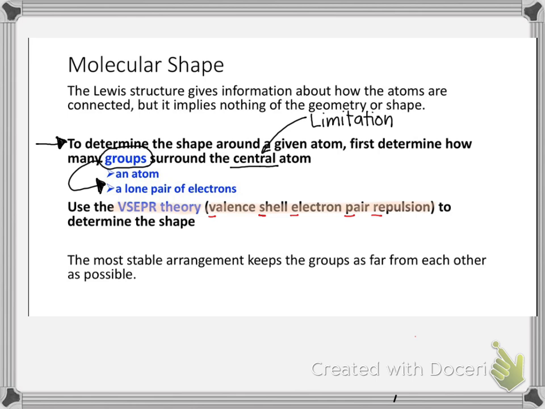So that's what we're talking about in terms of groups: an atom that's bonded to the central atom, or lone pairs that are on the central atom. So I'm just writing there, we're going to refer to the central atom. All right, so let's take a look at the handout, and then I'll do some examples with you.